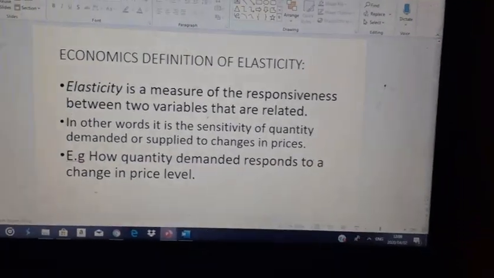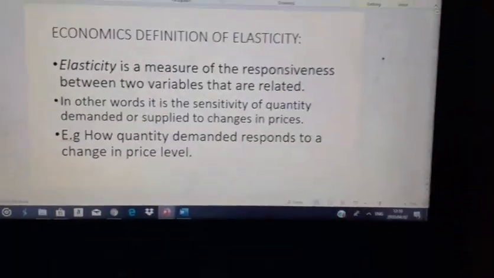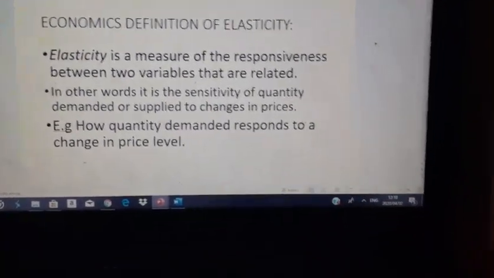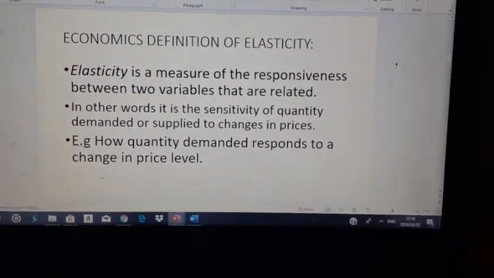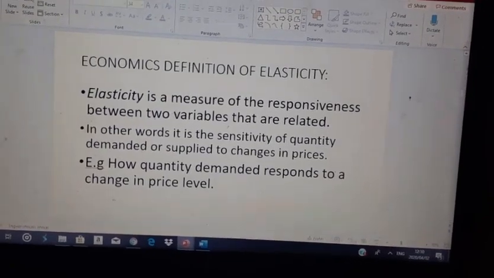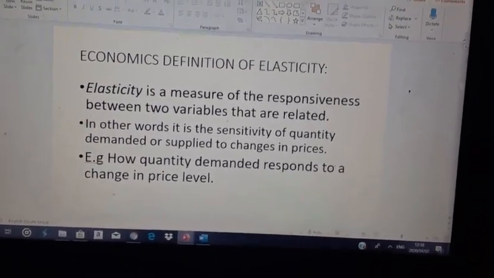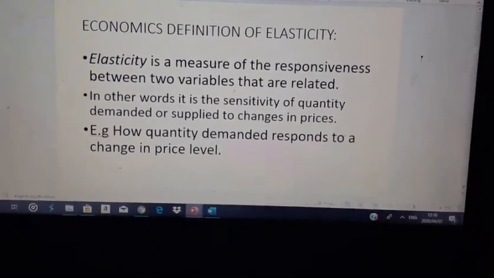In other words, it could be the sensitivity of quantity demanded or supplied to changes in what? In price. For example, how quantity demanded responds to a change in price level. Ne? Siyabona mos, price and quantity demanded, those are our 2 variables. So what we want to check is how quantity demanded responds to price changes.